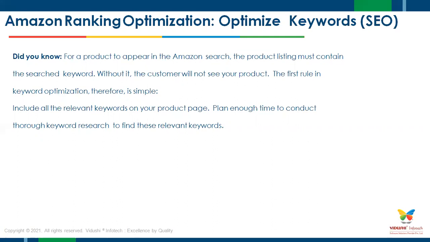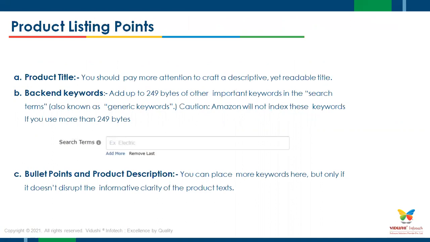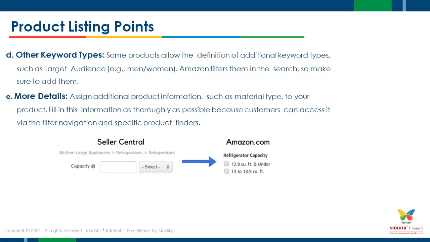So keyword optimization, first important point in Amazon ranking optimization. Some product listing points. It consists of product title, backend keywords, bullet points and product description, other keyword types, and some more specific details. We'll go through it one by one.